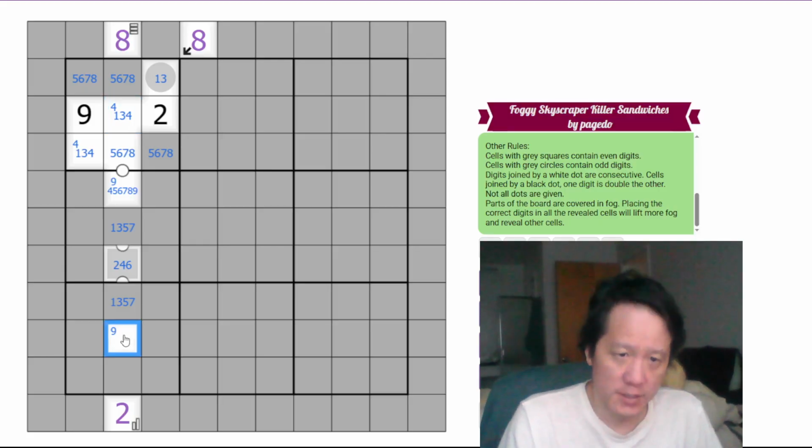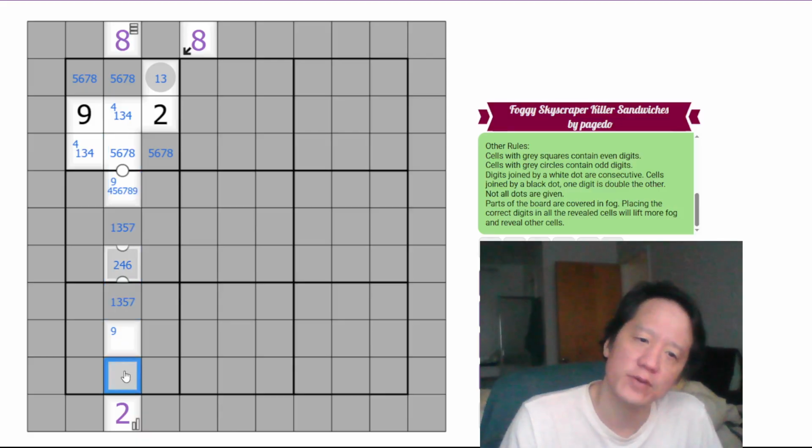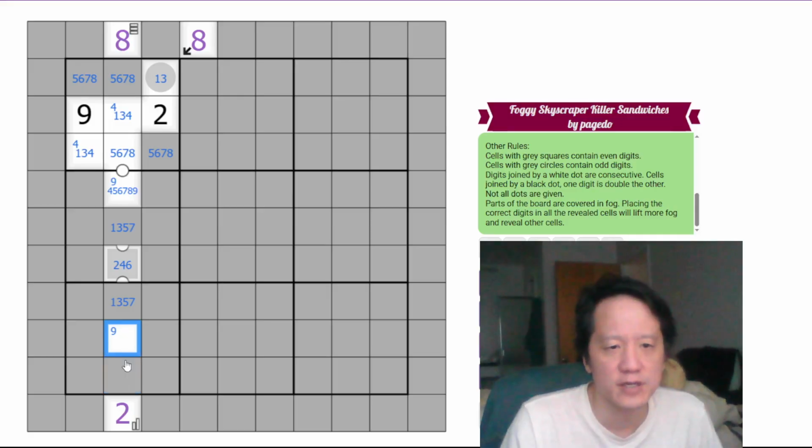If 9 is here, 1 can't be here. 1 can't be any of these. 1 can't be here because then you'd have no digits adding up to 8 in between. Obviously, that's the same with this. If this is 1, this would be 2 and 3, so that's 5 at least. Actually, it would just be 5, period, between the 9 and the 1.